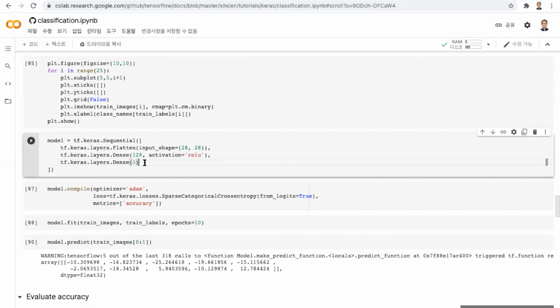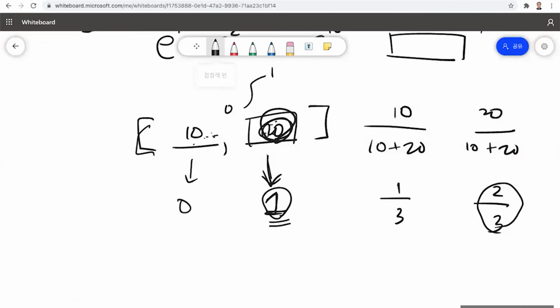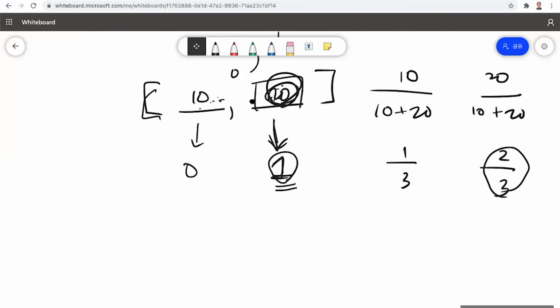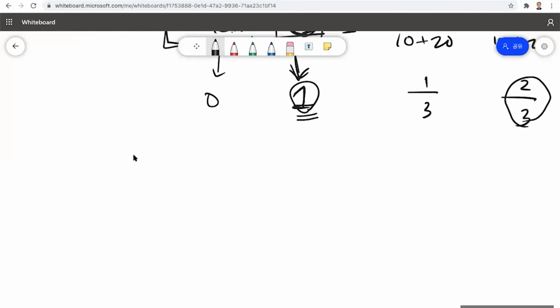But if I change it to just 1, then it becomes a regression problem. So the output might be something like this.